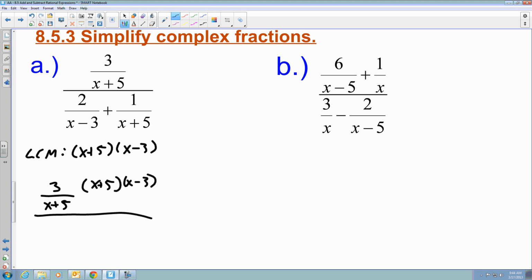all divided by 2 plus 2 over x minus 3 plus 1 over x plus 5, all of which is multiplied by x minus 3 over x plus 5.